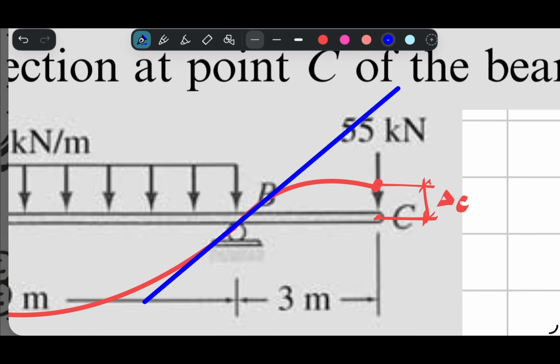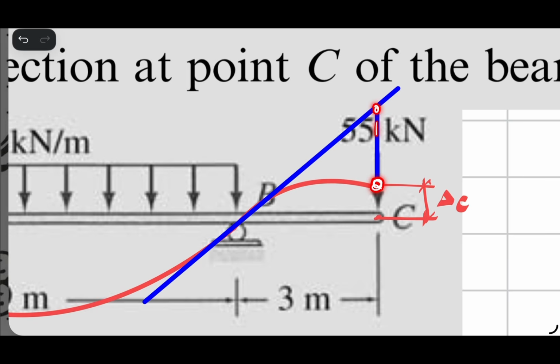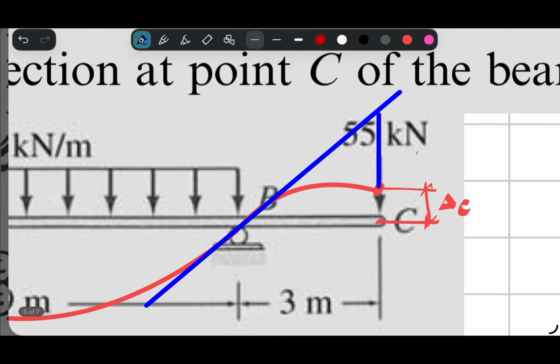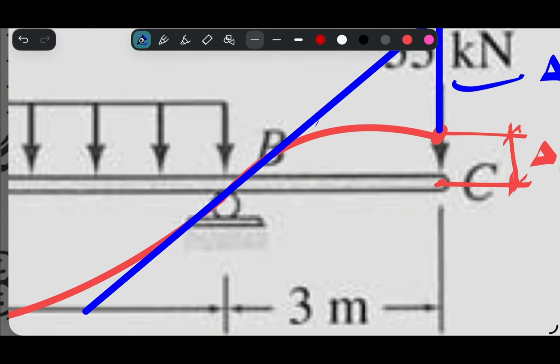And then this distance from point C of the elastic curve to the tangent line at B is equal to the deflection of C relative to tangent line B. And then this angle is the slope at B.